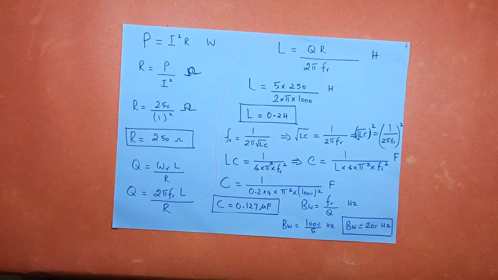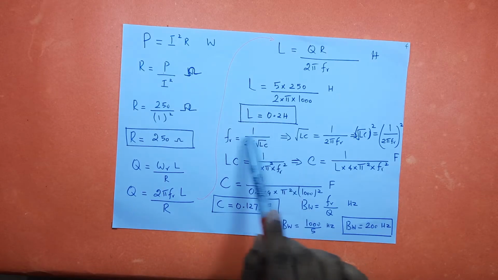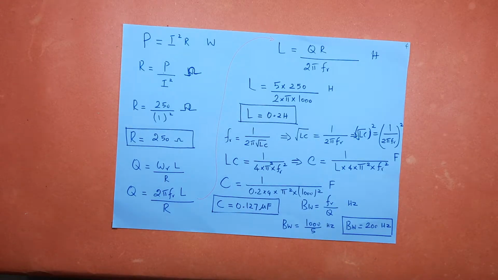So you have L equal to QR divided by 2 pi FR Henry. Now these values are already given. Just substitute: L equal to 5 into 250 divided by 2 pi into FR, which is 1000. If you calculate this, it will come around L equal to 0.2 Henry.